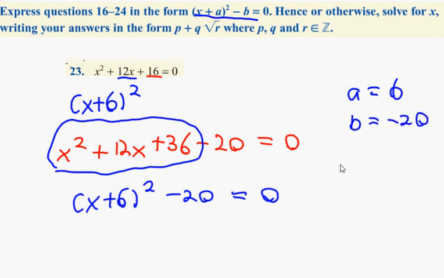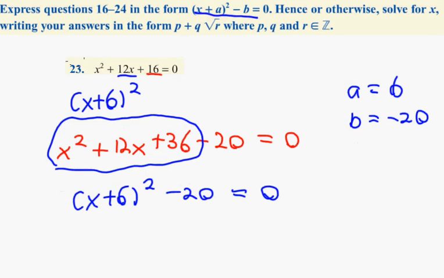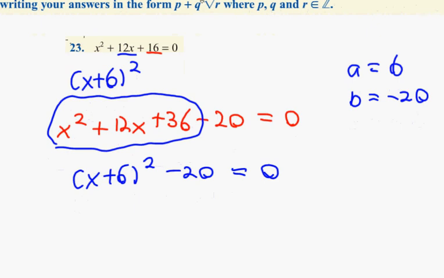Now there's a hence way of doing this, but at the end of the day, too many options make things confusing. So we're just going to do the minus b formula. We're just going to solve this question the way we would normally. So the way we'd normally solve a question like this is a equals 1, b equals 12, c equals 16.